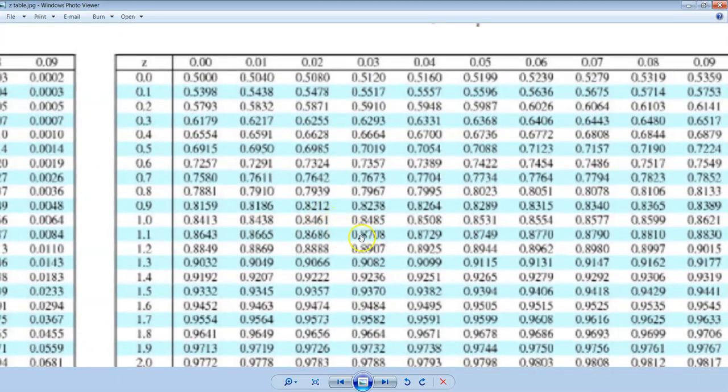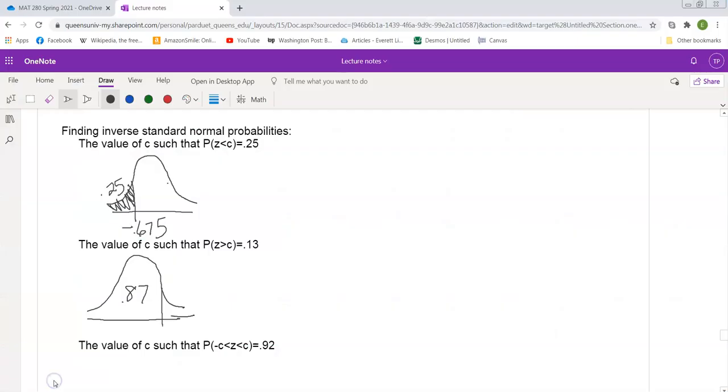The closest thing to that is 1.13. The other one was right about halfway, this one's closer to this second one. So I'm just going to go with 1.13. I'm not going to be super strict about that.